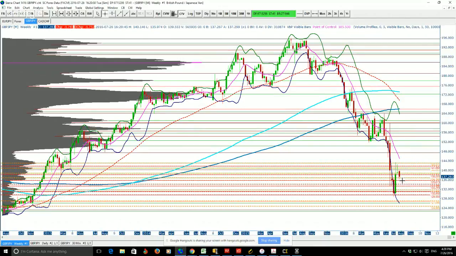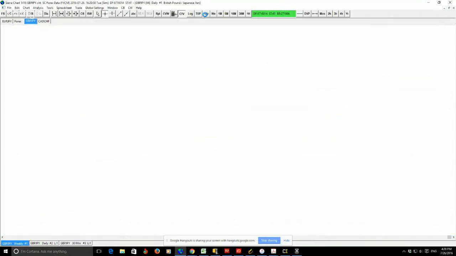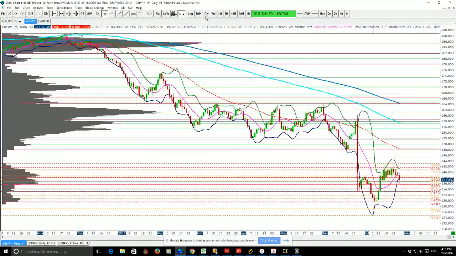However, it's in consolidation at the moment. So that's the weekly chart. So now we can move down and have an idea of where we are with the daily chart. We can see that literally that is where we are at the moment. So we had that consolidation, very similar to GBP USD.